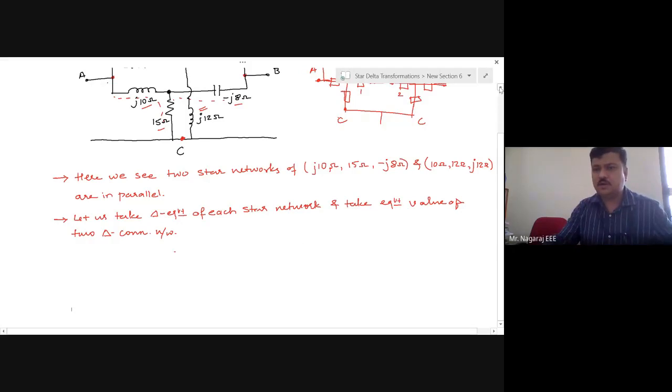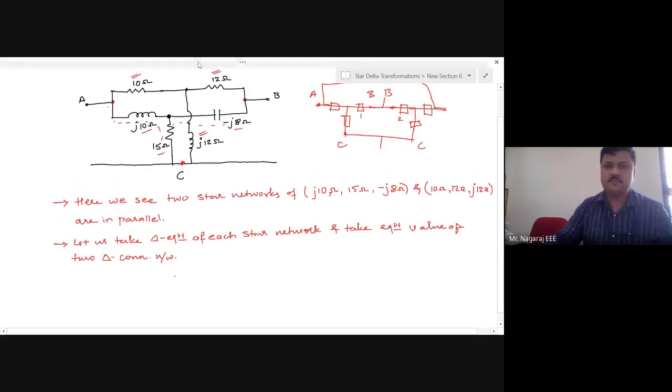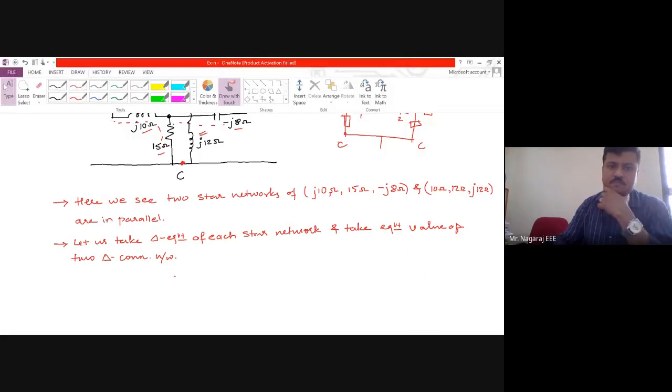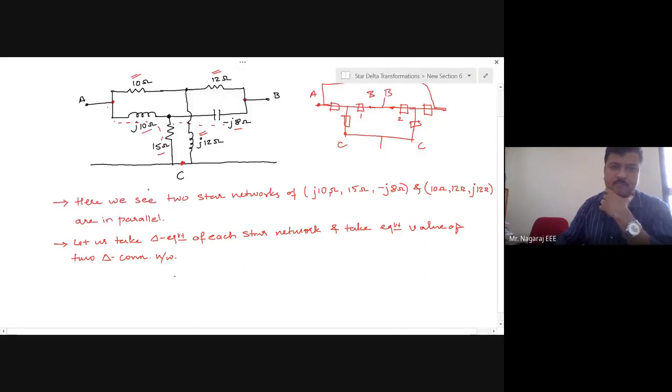So first I will draw two star networks separately.